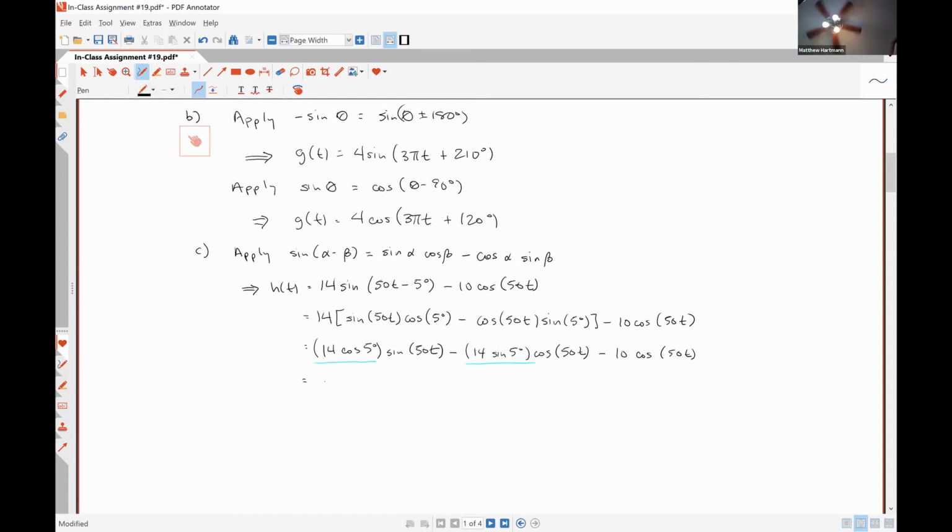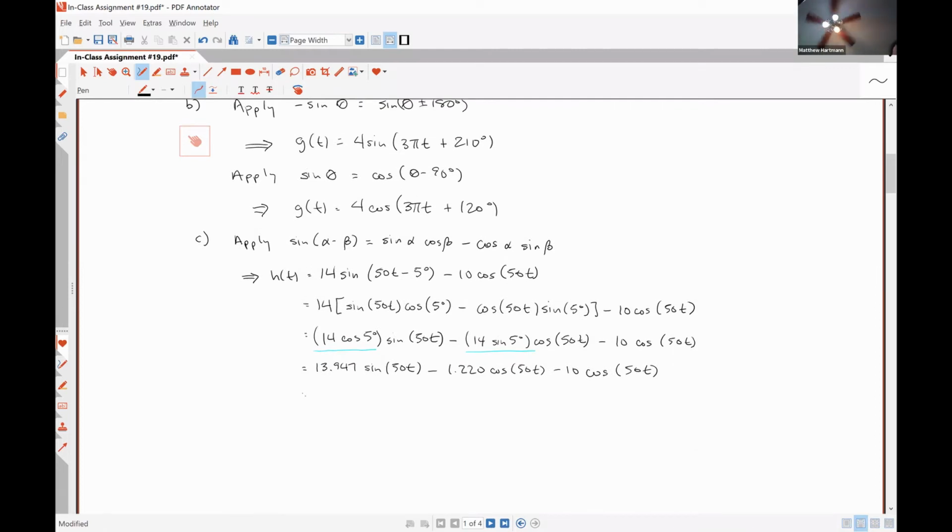So if we evaluate that, we get 13.947 sine 50t minus 1.220 cosine 50t minus 10 cosine 50t is equal to negative 11.220 cosine 50t plus 13.947 sine 50t.